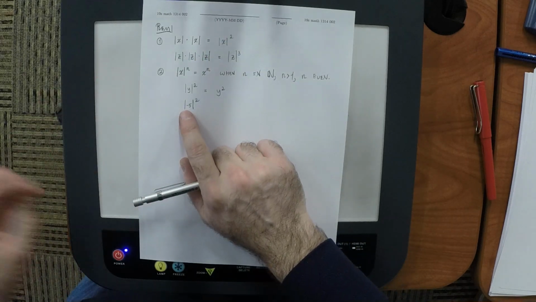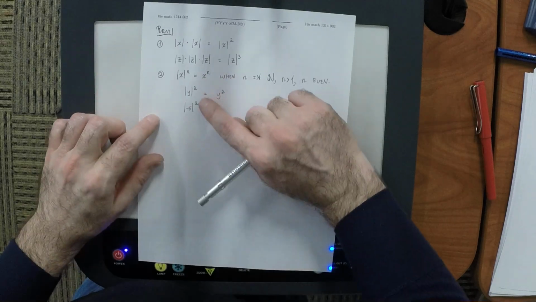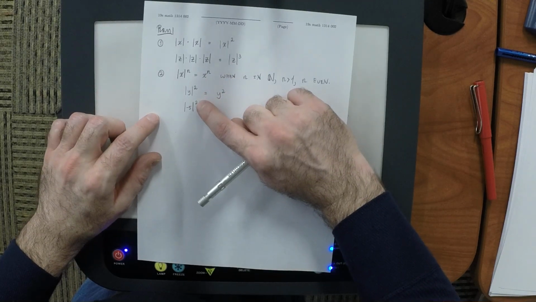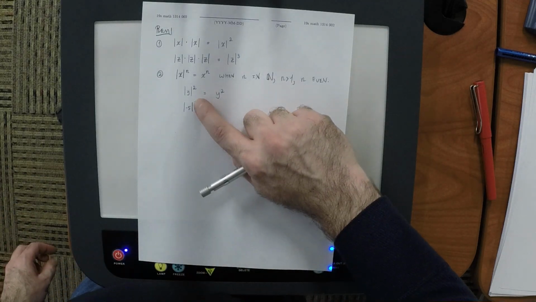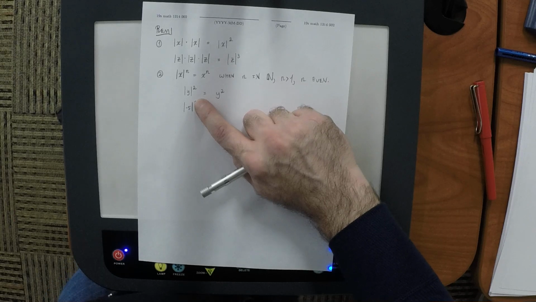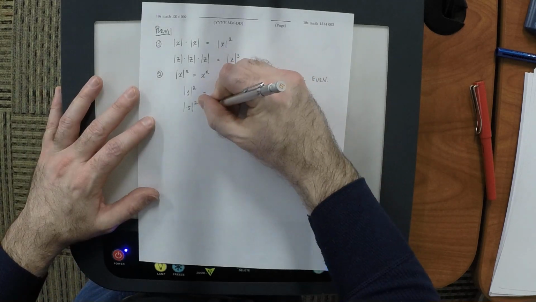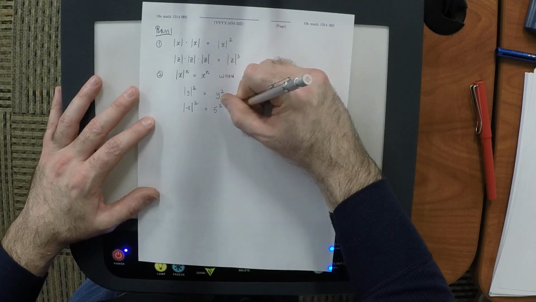Because the absolute value is closer to the -5 and the exponent is outside, we need to deal with absolute value first. So, ignoring the square for a moment, what does absolute value of -5 do? It becomes regular old 5 squared, right? So 5 squared, which of course is 25.